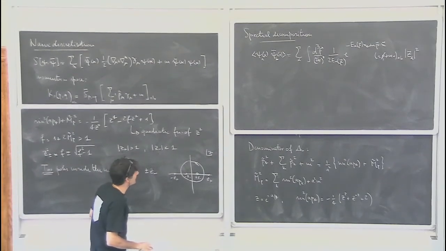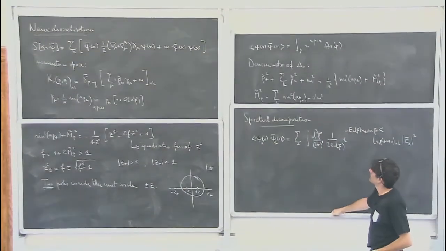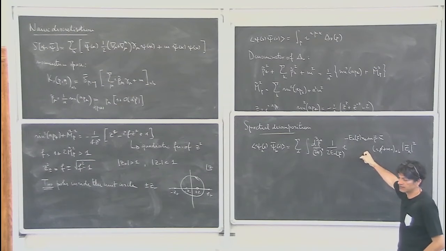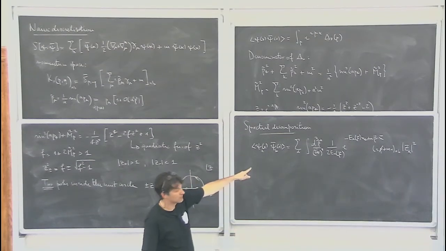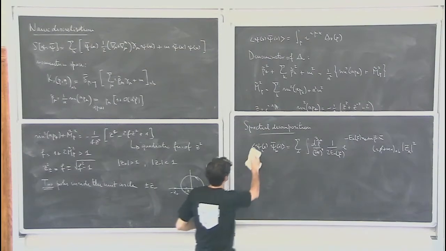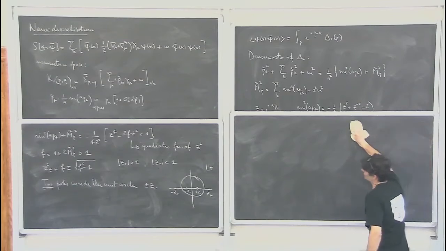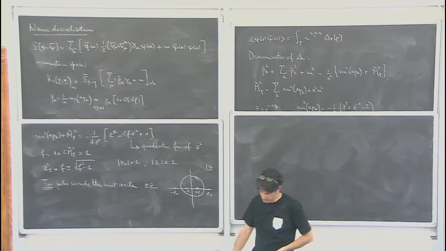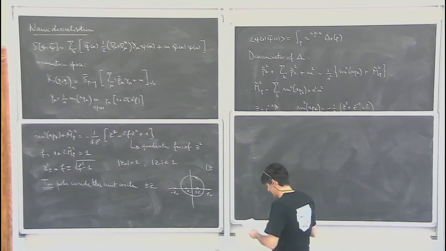So we can write, I'm going to get rid of this, just keep it in mind, because when we get to the final answer, we will want to compare to this, okay? So let's get rid of that. We get two contributions from the two poles that are inside the circle.